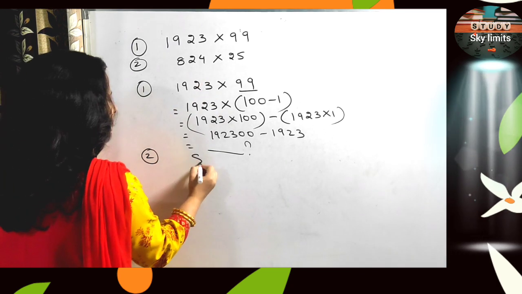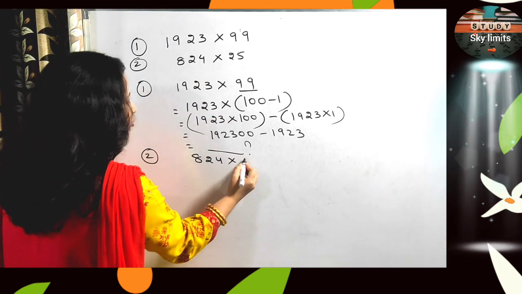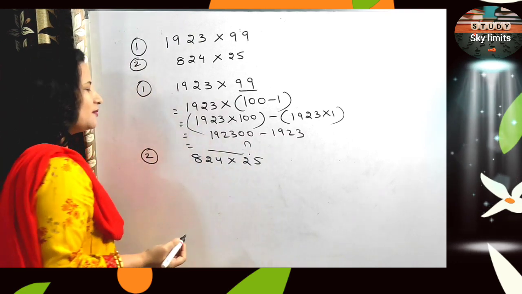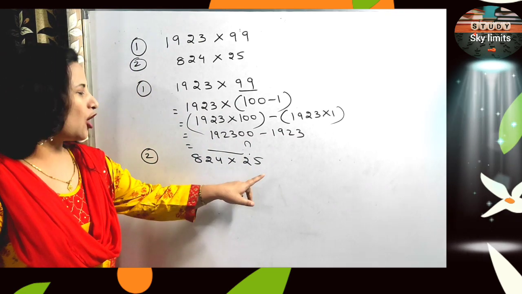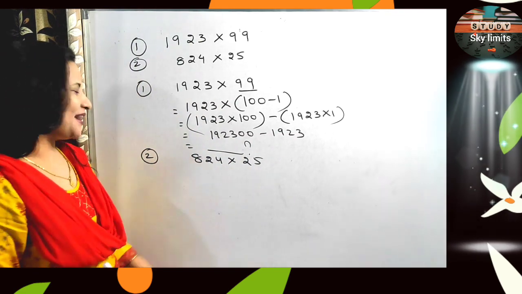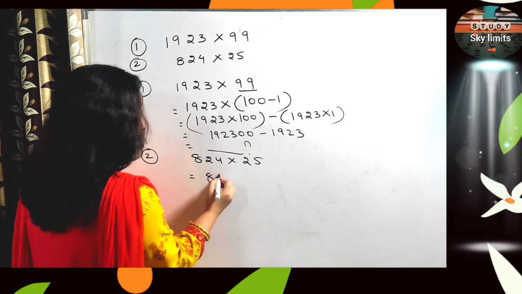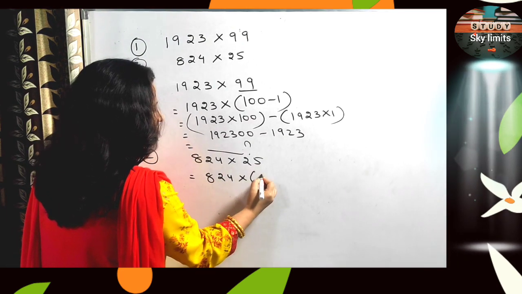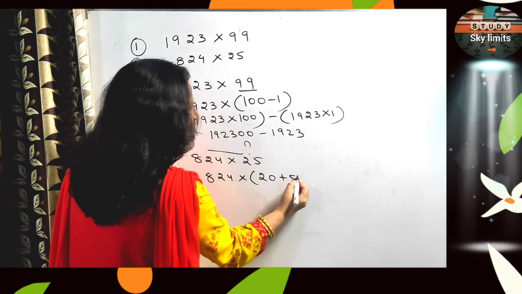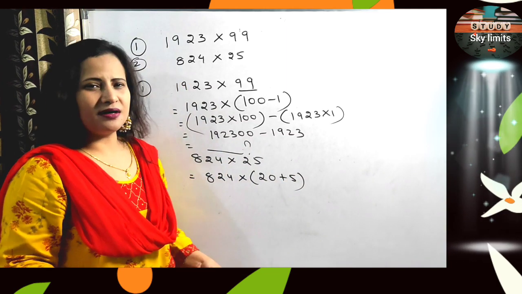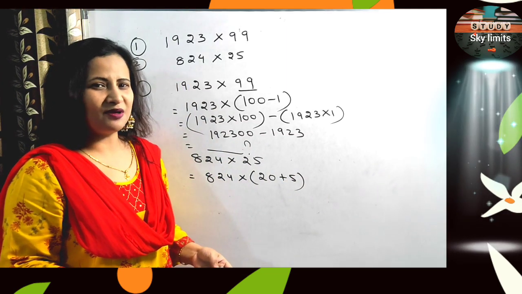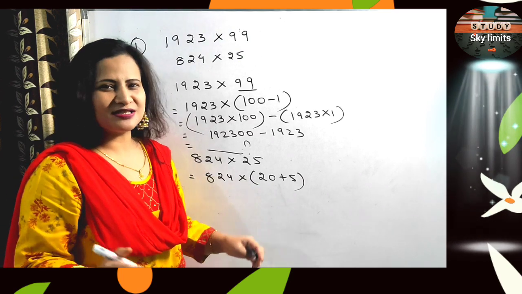824 multiplied by 25. I know by now many of you must have thought already, which number are you going to split here? This 25, right? So what will I do here? 20 plus 5. Instead of writing 100 minus 75, that will give me a bigger number. 20 plus 5 is more simple.